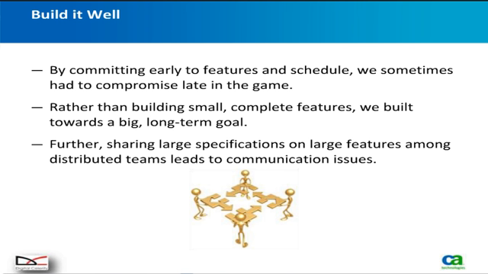Building it well is really about quality. One of the challenges of traditional development is you commit early to features and schedule, and then inevitably you run into issues, which can lead to compromise because you're trying to reach commitments you made very early on. Rather than building small, complete features, you're building toward a longer term goal, so you're more at risk.